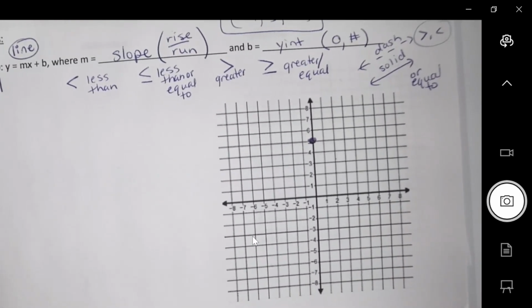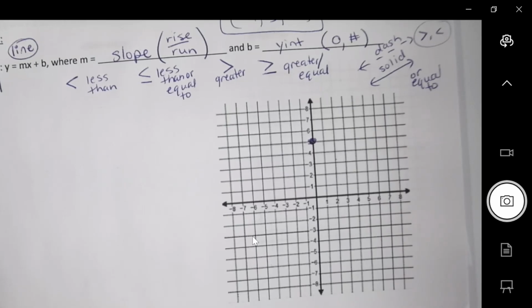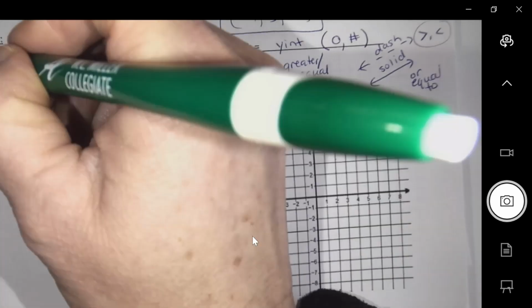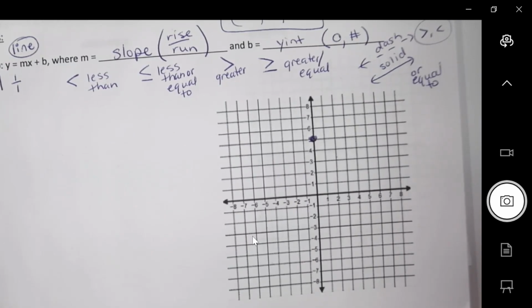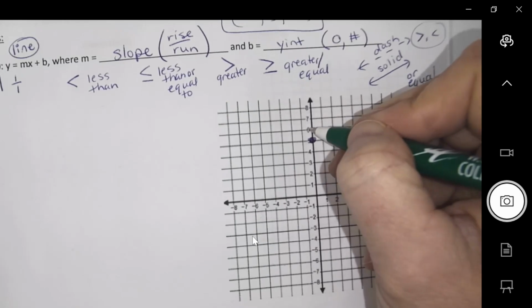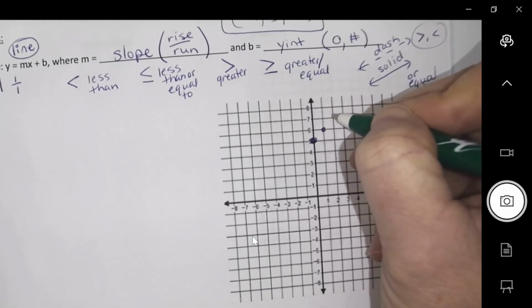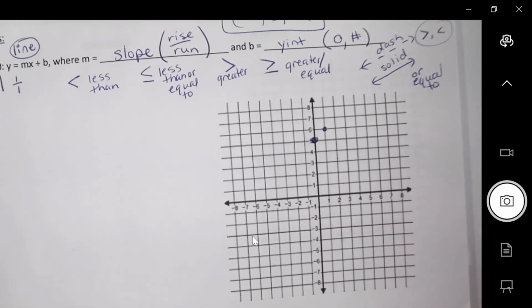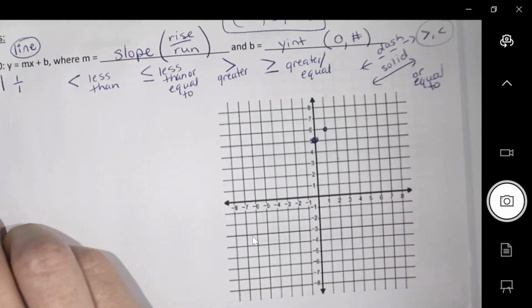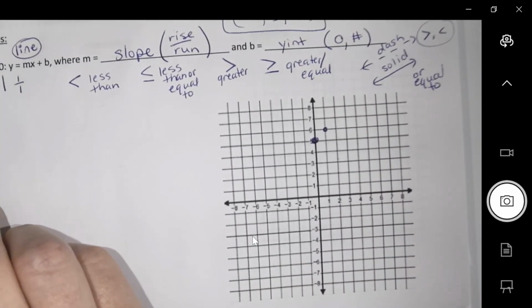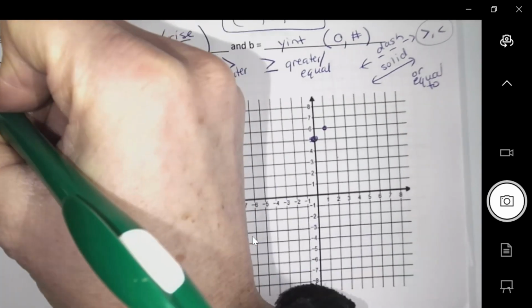So how do you create a fraction of 1? 1 over 1. So you need to go up 1, right 1. You can do it once, you could do it a few times, but it's going to create a line. But before I draw this line, is it dashed or solid? Dashed.